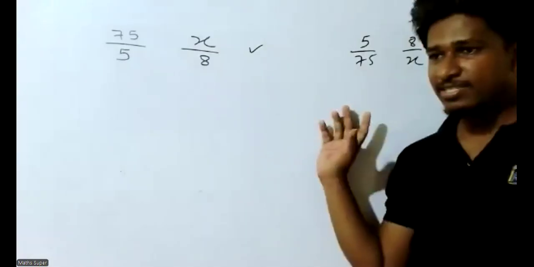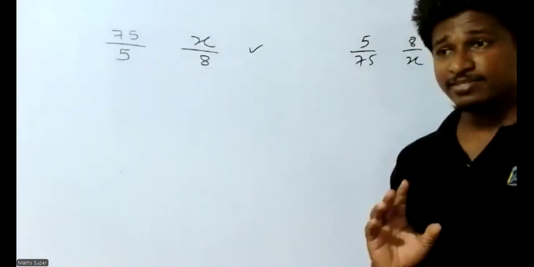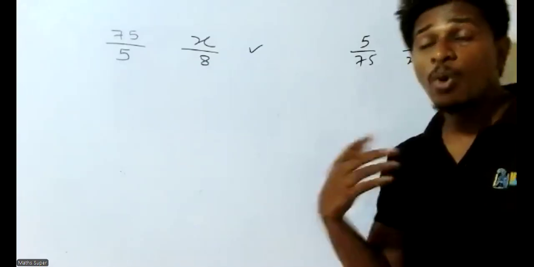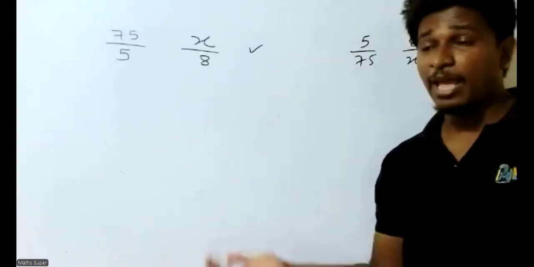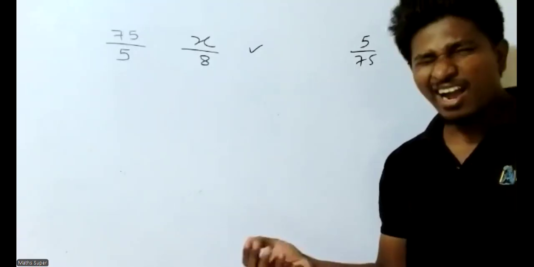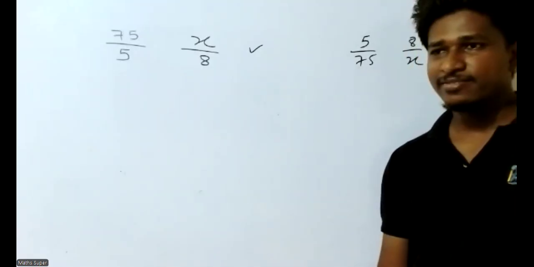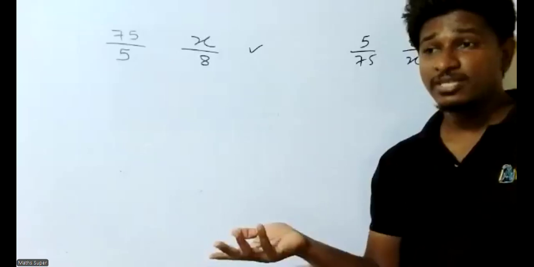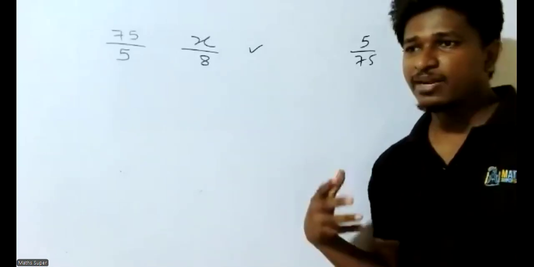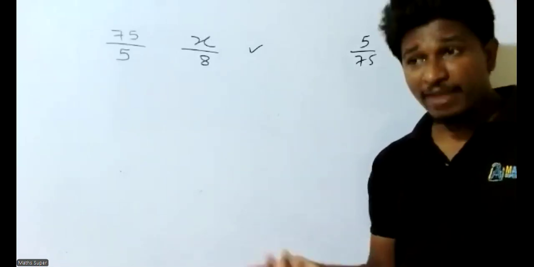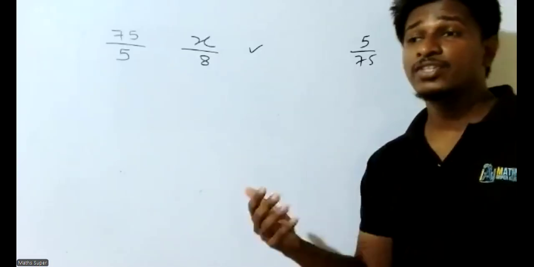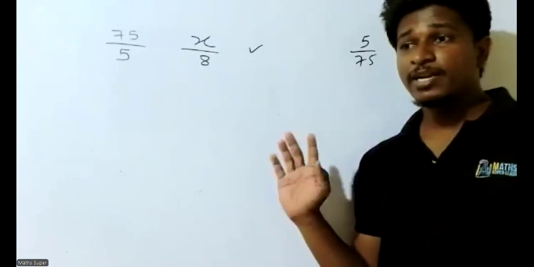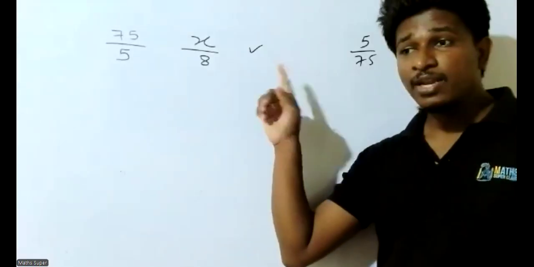Both of these ways are correct. But if you want to get the answer without doing more simplification steps, it's better to keep the unknown term, the value which we want to find, as a numerator.